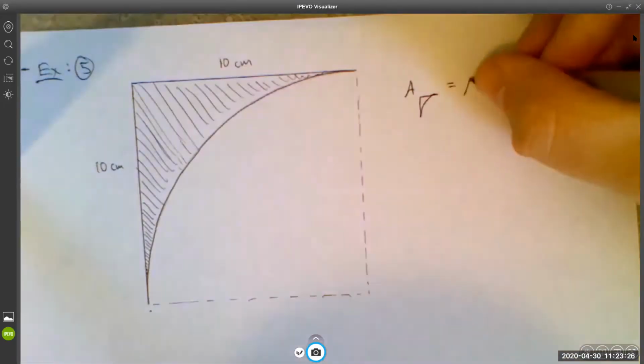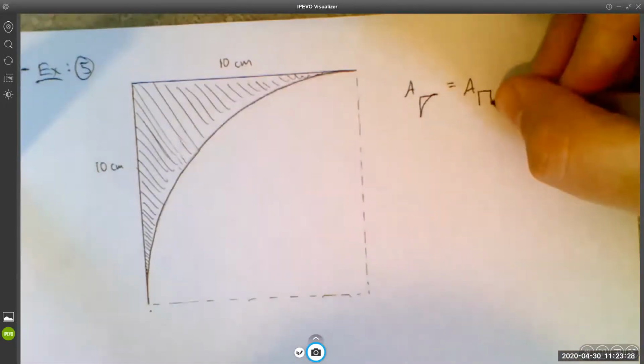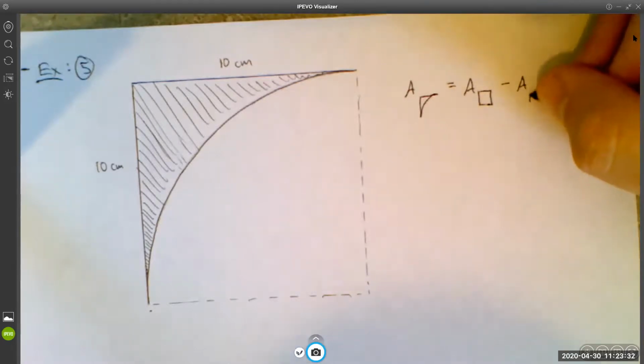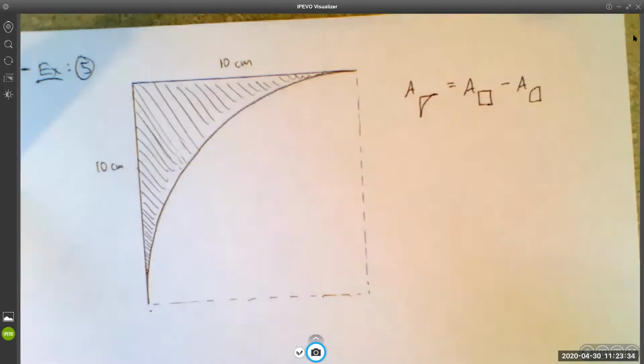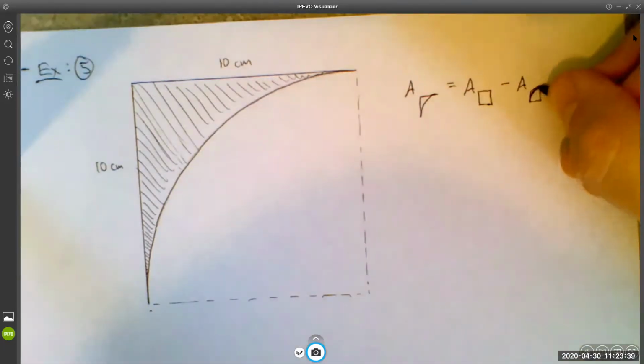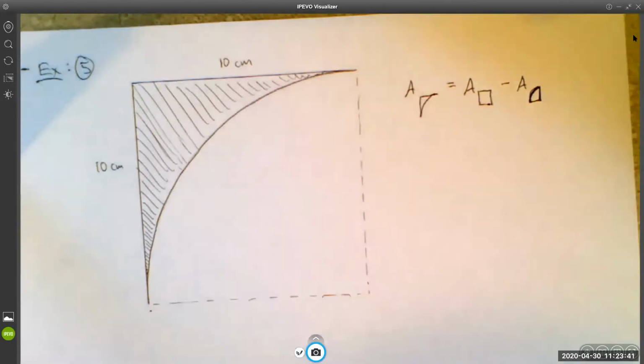So it's going to be the area of the entire square minus the area of the quarter circle.